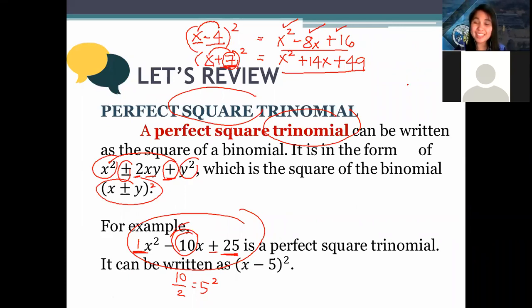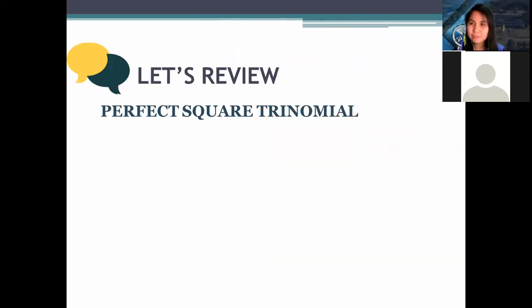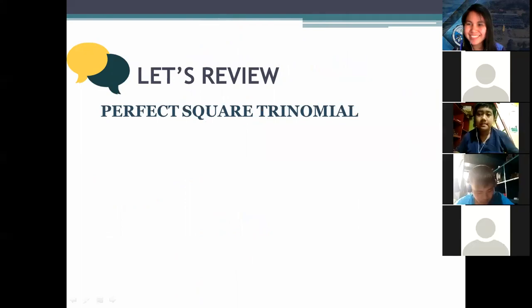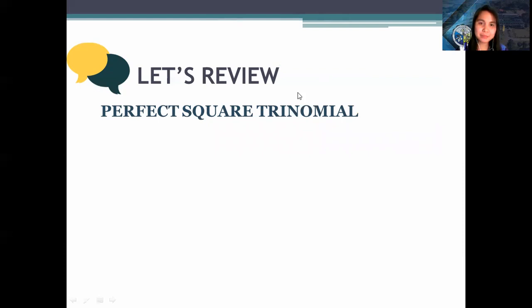Let's have more practice. Ready? Okay. For example, x squared minus 2x plus 1 equals 0. Let's check if it's a perfect square trinomial.